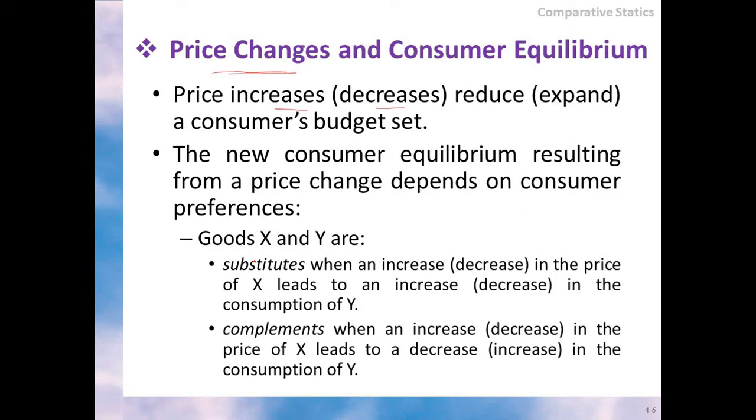When we talk about consumer equilibrium, we are talking about two goods, how the consumers combine good X and good Y. So when we look into the relationship between good X and good Y, we can determine whether the relationship is either substitutes or complements. Remember what is a substitute good and what is a complement good.